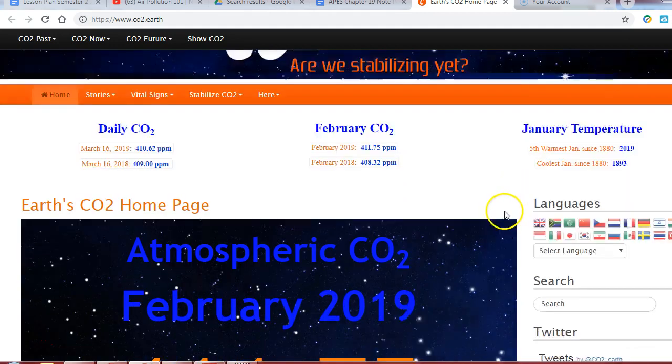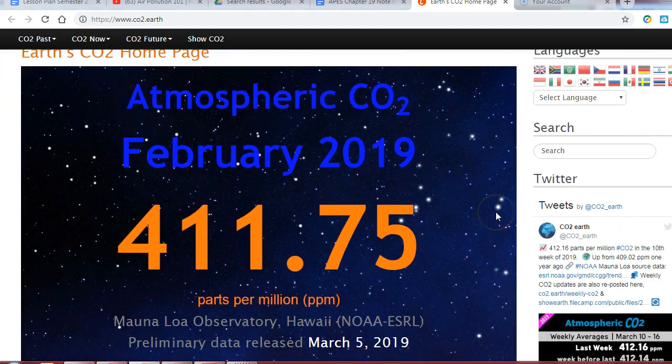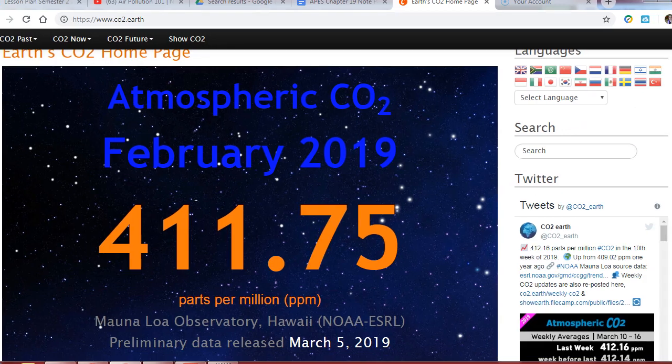Currently, we are at 411.75 parts per million. When I was back in college, there were a lot of people talking about keeping it under 400 parts per million. We have surpassed that. A while back, there was an organization that was talking about keeping it at 350 parts per million. Okay, again, we have surpassed that.